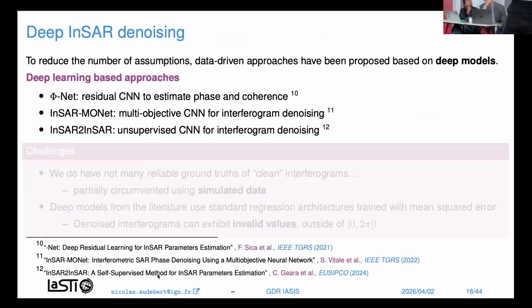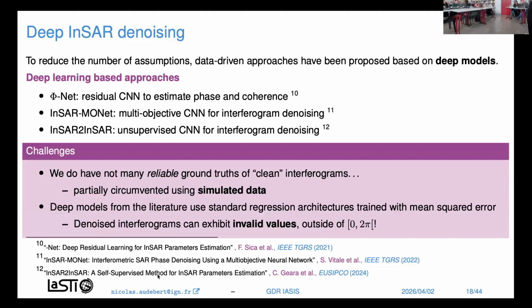Once again, if you look at the literature, there are many people doing deep InSAR denoising with different approaches, mostly predictive, trained on supervised simulated data and so on. More recently there's also InSAR-to-InSAR, which tries to adapt the noise-to-noise paradigm to SAR denoising.